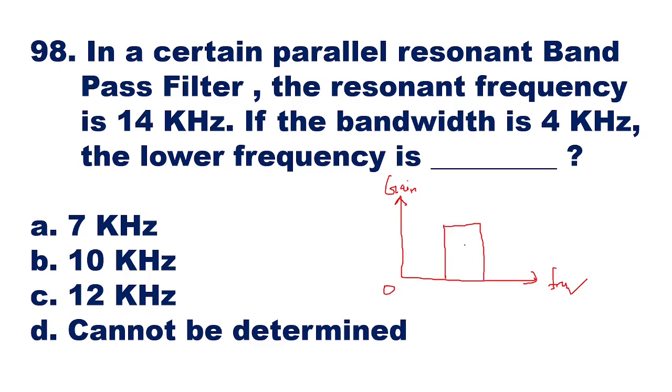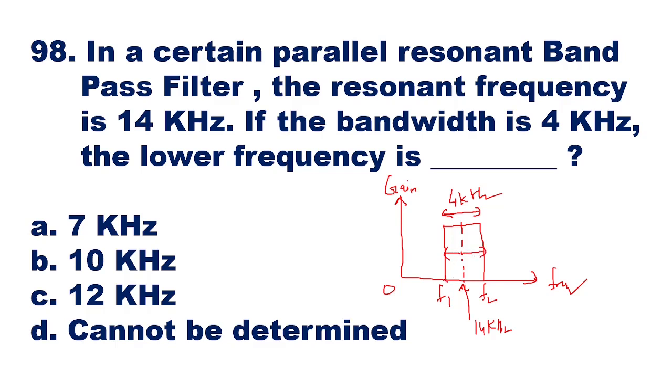Now here in this question it is given that the bandwidth is 4 kilohertz. So this is the bandwidth, F2 minus F1. Now we have to find the lower frequency. If the resonant frequency, the center frequency, is 14 kilohertz, then it will be 14 kilohertz minus 2 kilohertz here, and 14 kilohertz plus 2 kilohertz here.